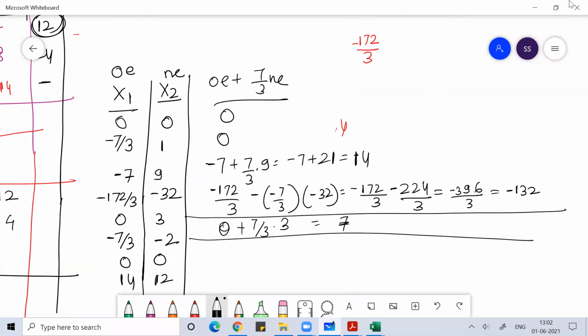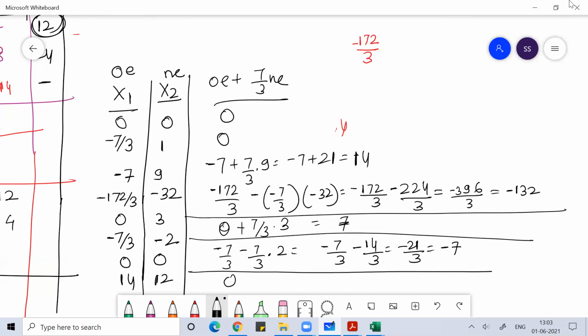Okay, then that is minus 7 by 3 minus 3, minus will come. So 7 by 3 into 2. So minus 7 by 3 minus 14 by 3 minus 21 by 3. It will be minus 7.